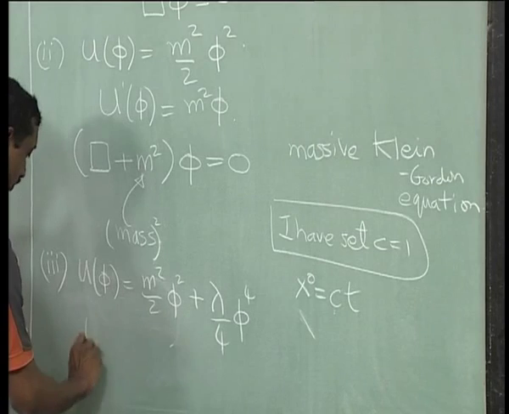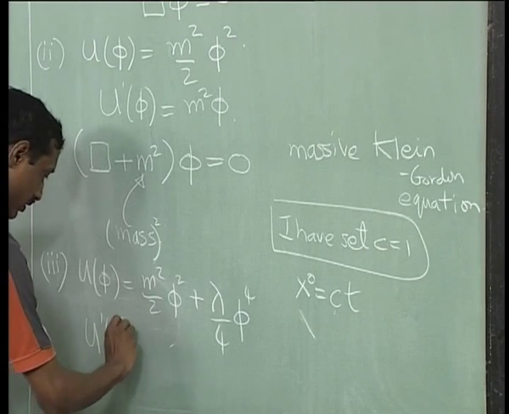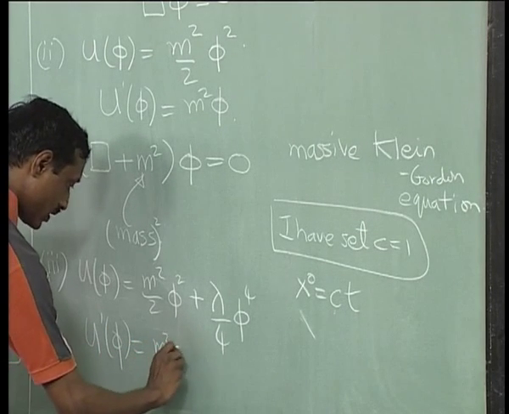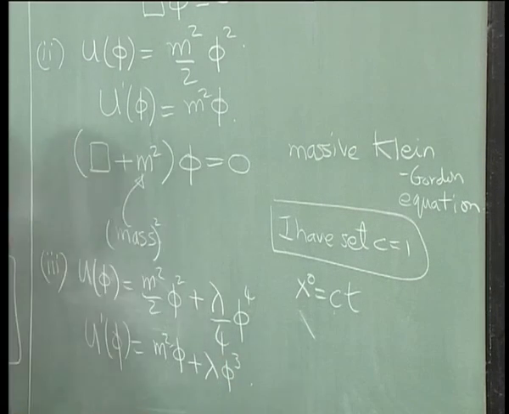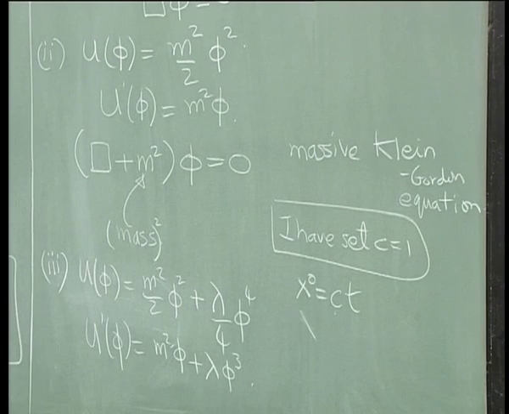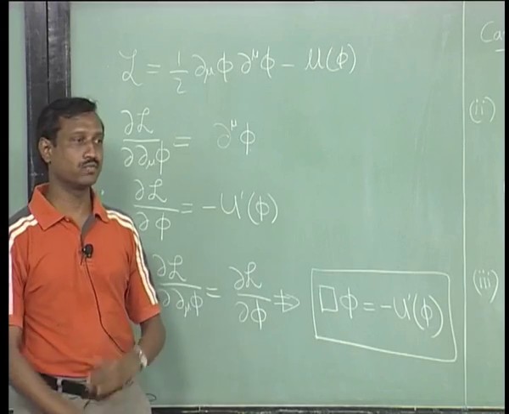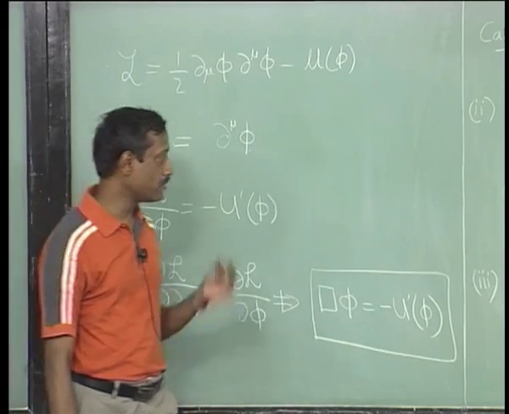Then u prime of phi becomes m square phi, but now you get a lambda phi cubed. So the equation is no longer linear. In other words, if you give me two solutions, superposition will not work.